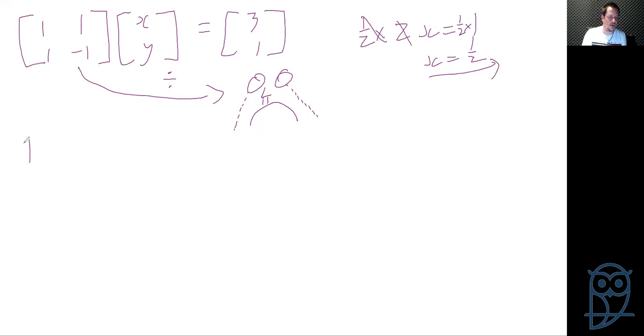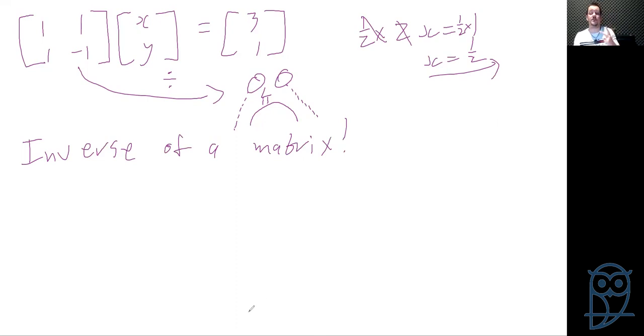And this is where we come to the inverse of a matrix. The inverse is what you need to multiply in order to divide, or essentially have the same effect as dividing. How do you calculate the inverse of a matrix?